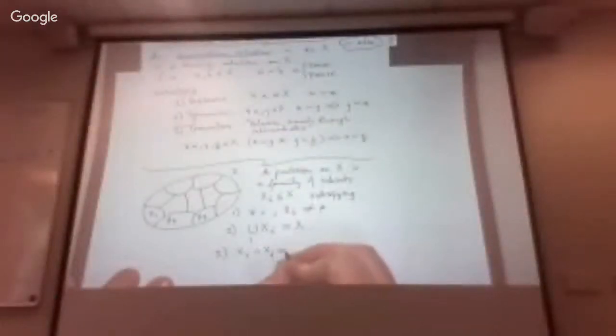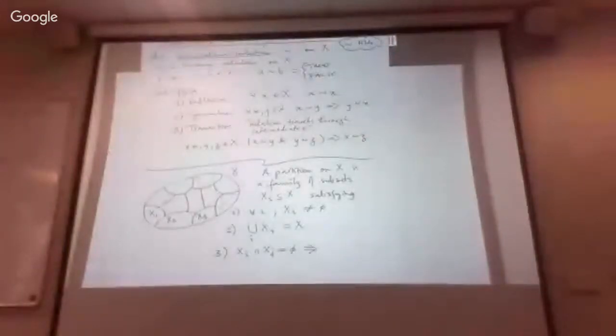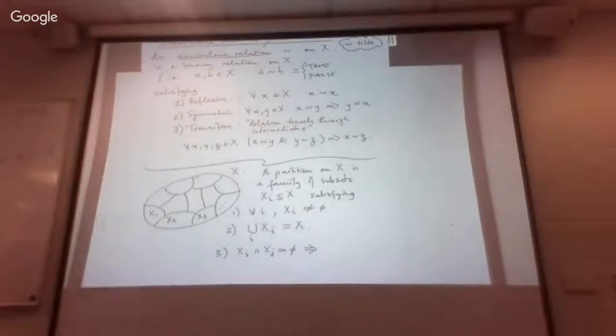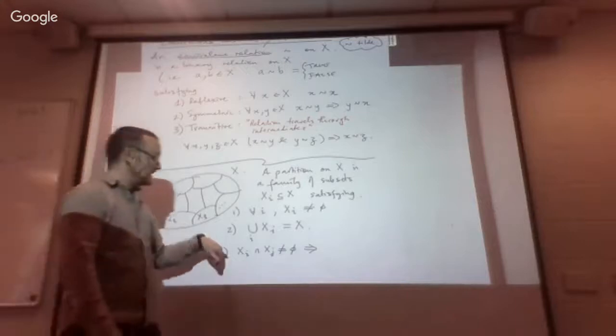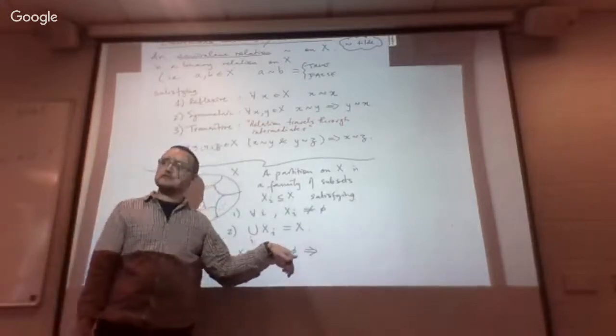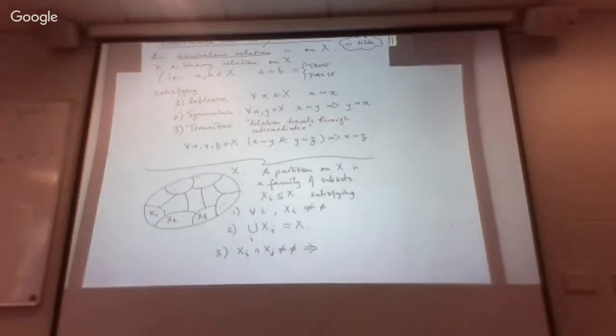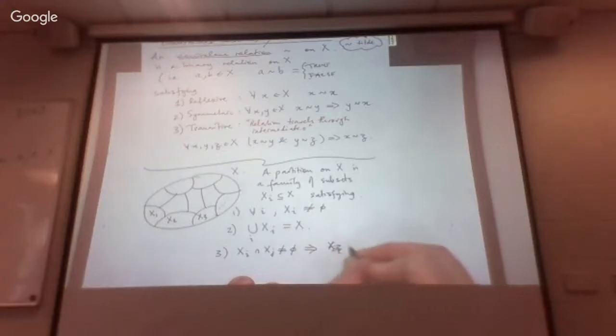there is a neat way to express this idea in a nice mathematical statement. We say, if two of the subsets xi and xj have a non-trivial intersection, if they seem to have an overlap, well, what's really going on there is that we're actually looking at the same set twice.